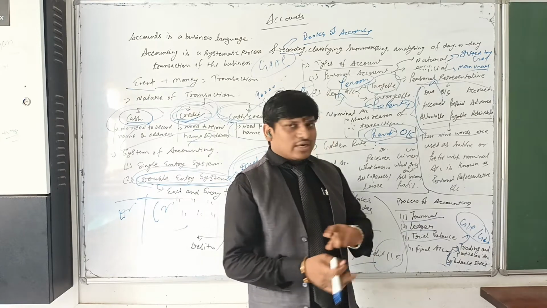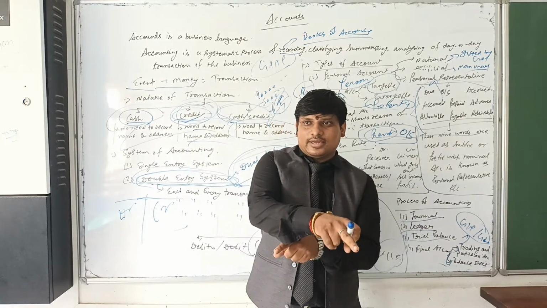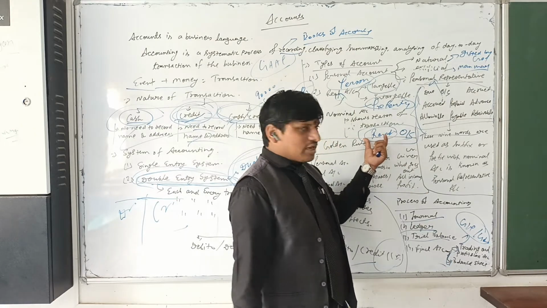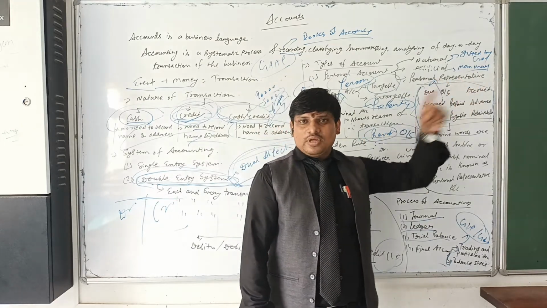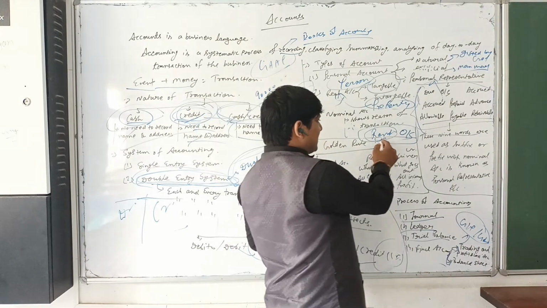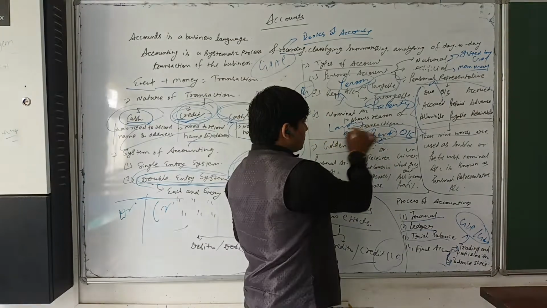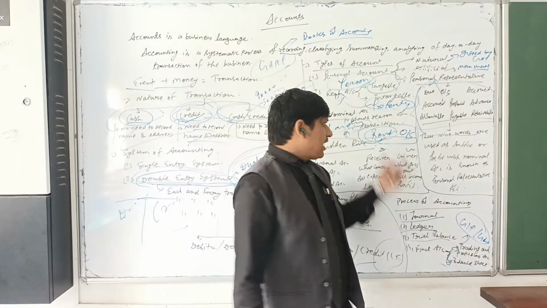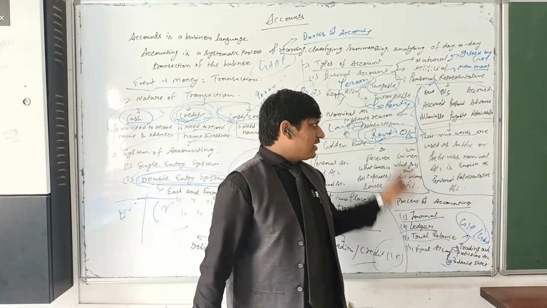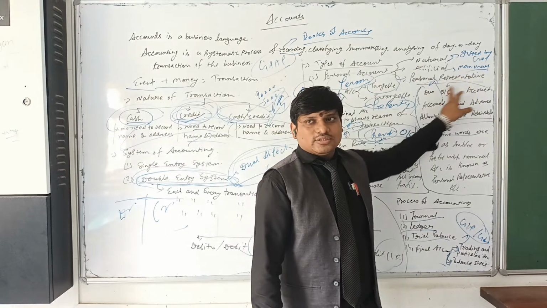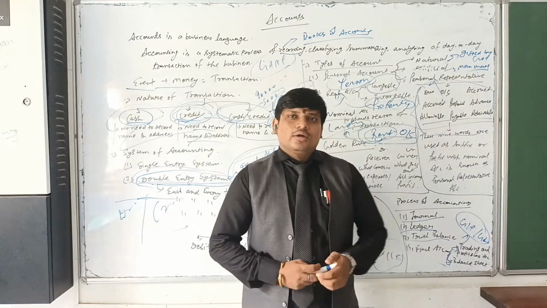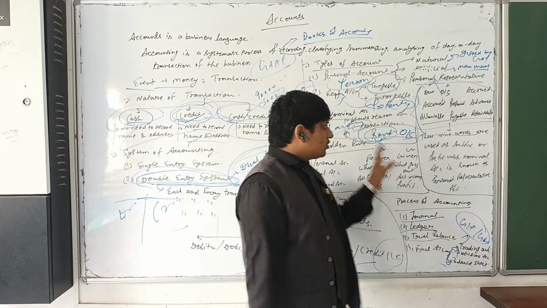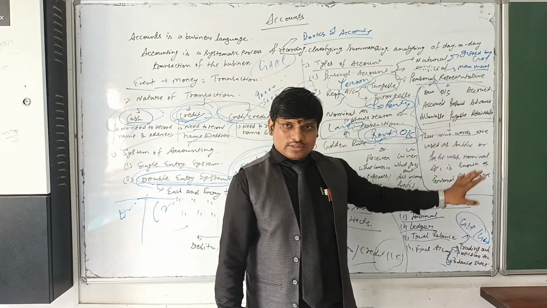That account becomes outstanding rent. When it converts into outstanding rent, from nominal account it becomes personal representative, because rent outstanding shows a landlord. Basically we give rent to the landlord, and a landlord is a person, and that's why it represents a person. It is known as personal representative.